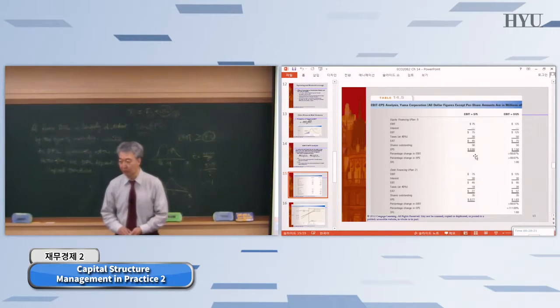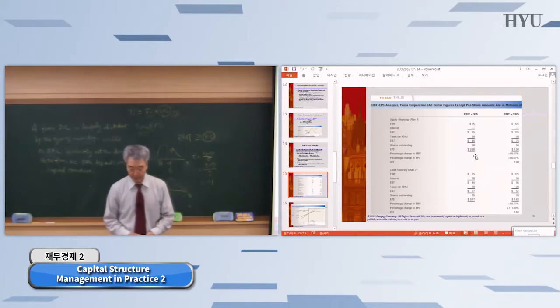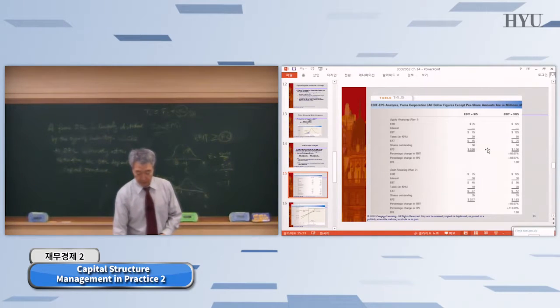Well, in case your business is good and the economy is in a boom, and your operating income is 125 instead of 75, then following the same process, we find that EPS is $1.50.